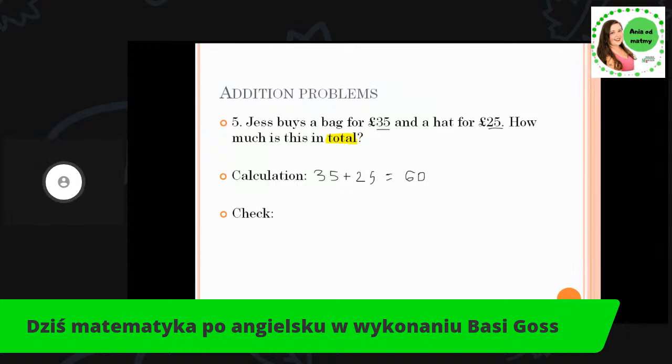Think about the check for this calculation. Yes, it is 60 minus 25 equals 35.